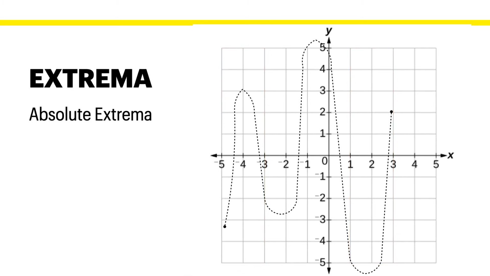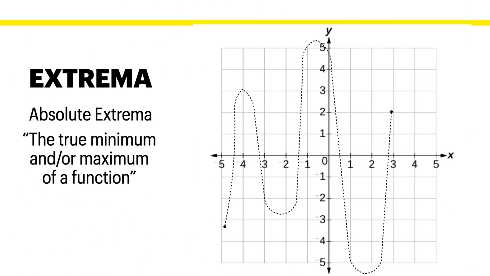So, absolute extrema is something a little bit different. If you have a local extrema, you're basically saying that that is the highest peak from a certain interval. But for the absolute extrema, you're actually considering the whole function itself, and you're trying to find out which is the minimum or the maximum for that function, which is the true minimum and/or maximum of a function, which is of course the absolute extrema.